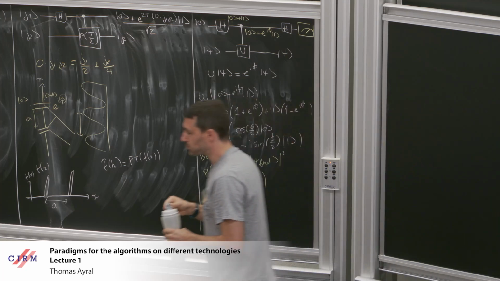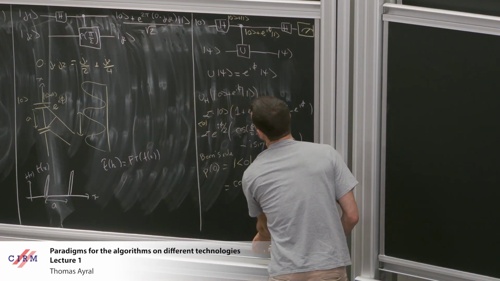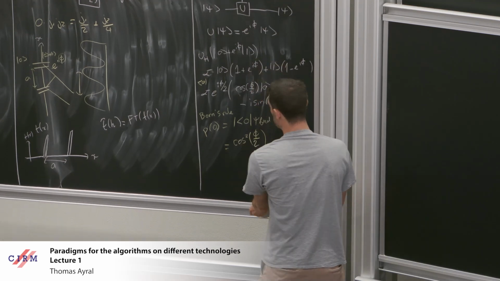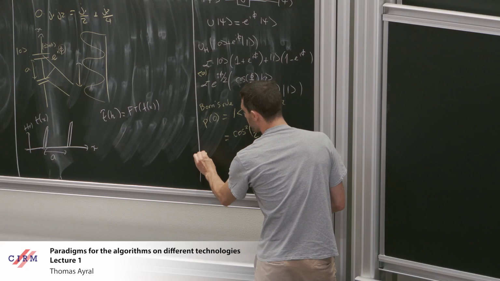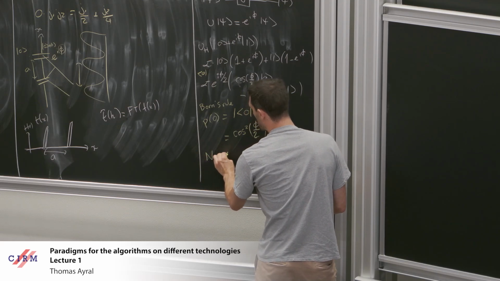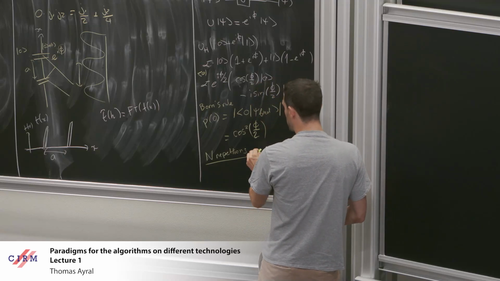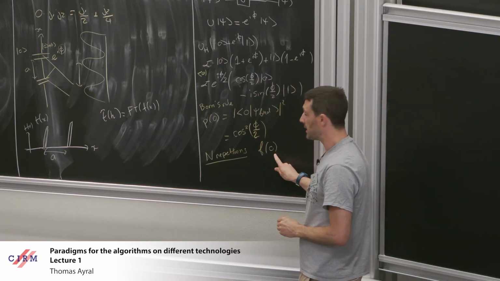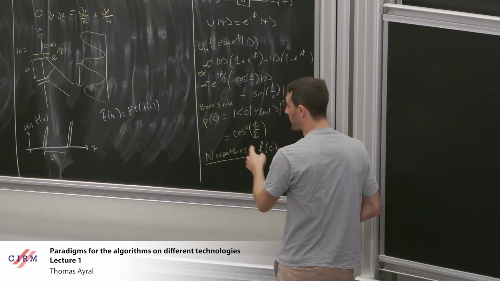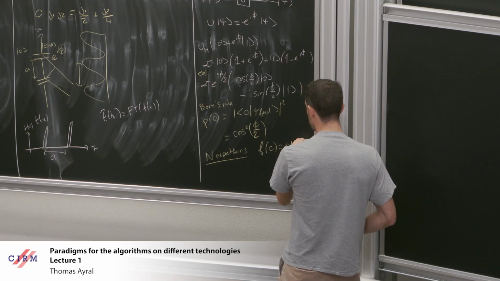So the price to pay here is that if you measure with n repetitions, then you obtain the frequency f of 0 appearing. So it's different from p of 0, but if I write it in a sloppy way, it's p0 plus an error, epsilon.